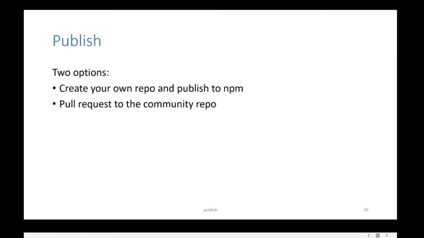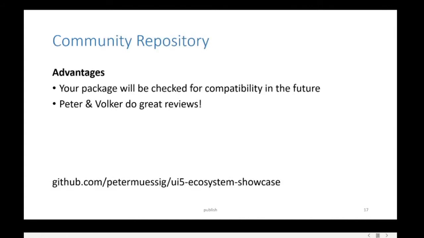So for publishing, you have two options. You can create your own repository, and you can also publish to NPM on your own. Or you can create a pull request to the community repository. For the community repository, there are advantages. Your package will be checked for compatibility also in the future, and Peter and Volker do great reviews, and your code will be better.